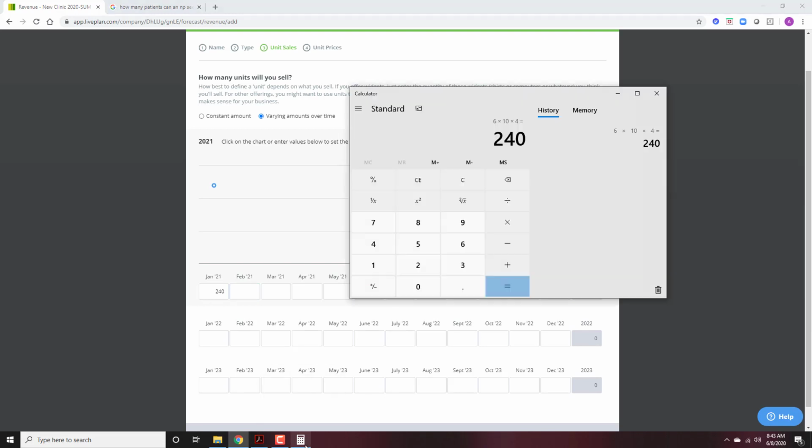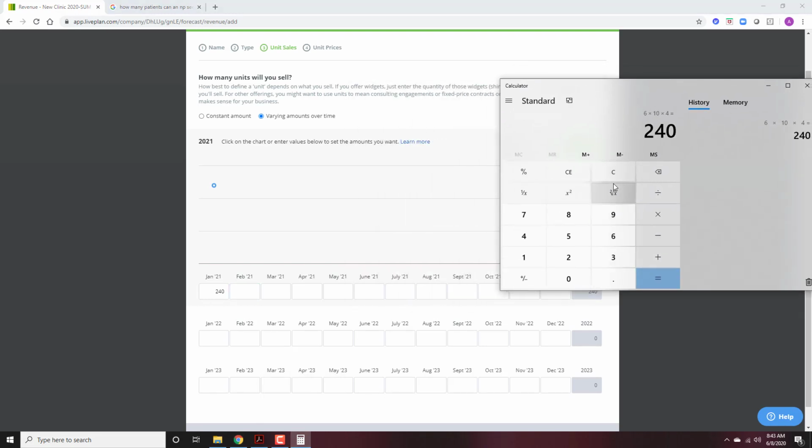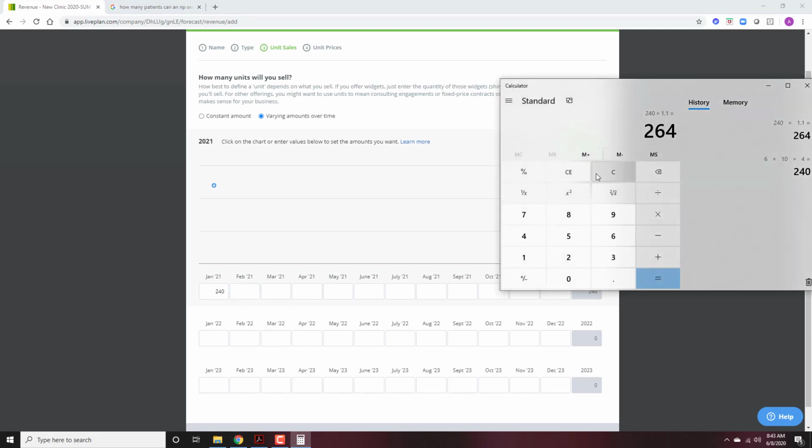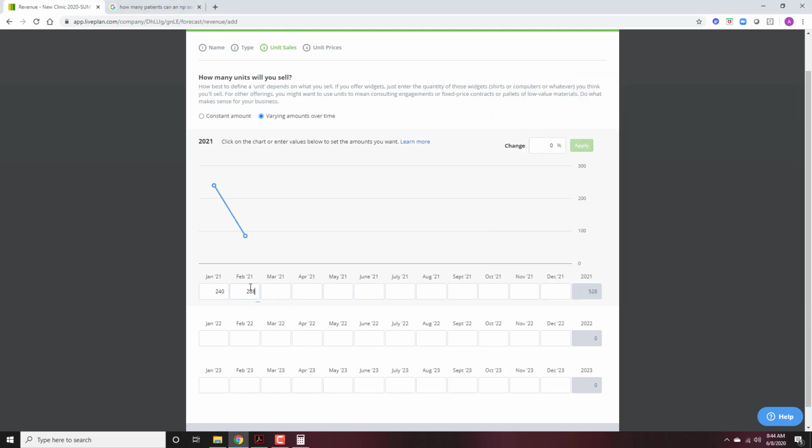Because it'll take time to ramp up, to get referrals, to make sure people know that your clinic is there. So we're seeing half. 240 is half of what you'd really see. So if you saw 20 a day times 6 days times 4 weeks, that'd be 480. So let's just say in February we see 60% of this, 288.